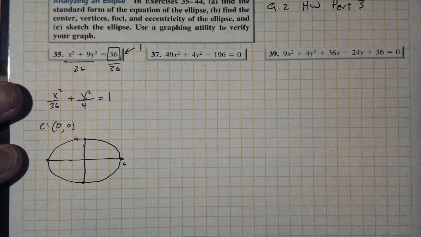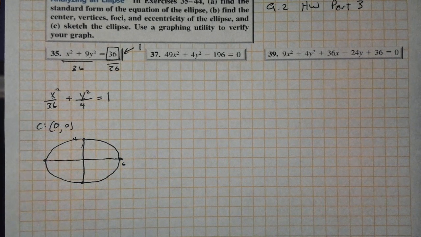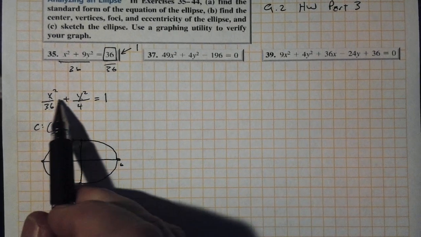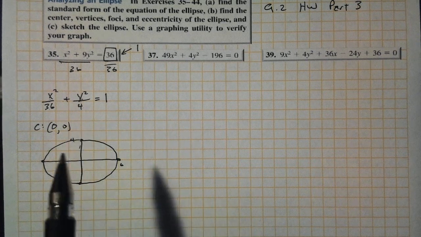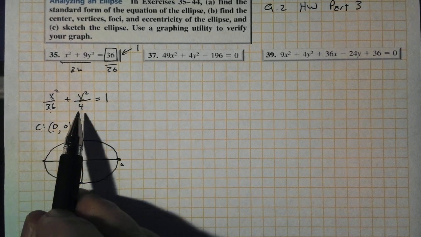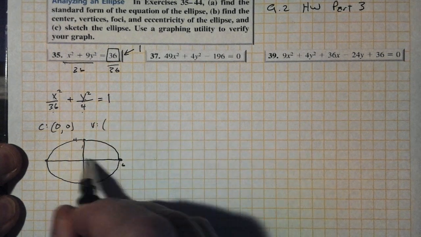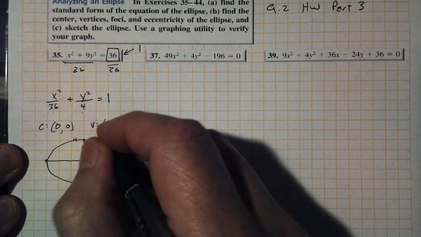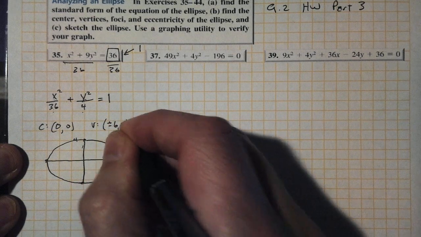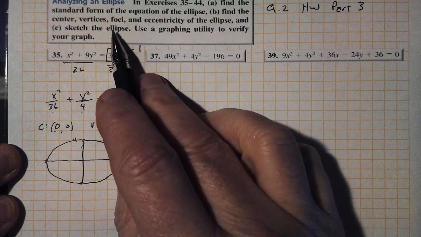And I've drawn better ellipses, but I've certainly drawn worse than that. Okay, so we've got that just from the center being 0, 0. We move to the right 6, left 6, up 4, down 4. So our vertices are at 6, 0 and negative 6, 0, plus or minus 6, 0.